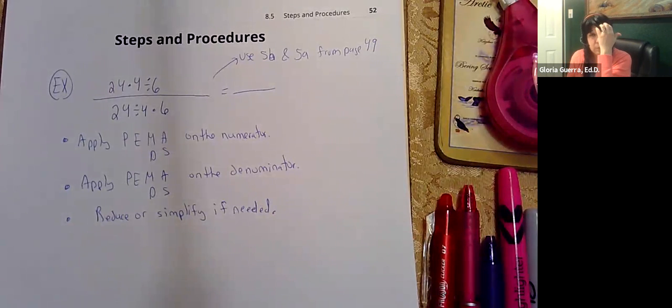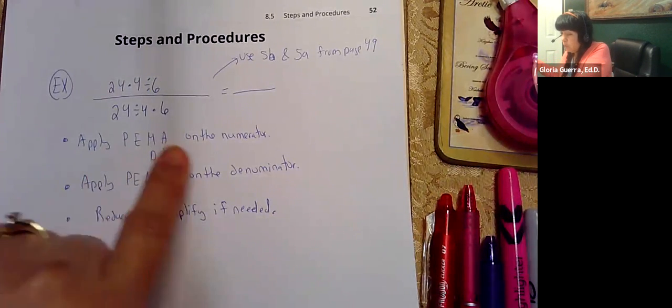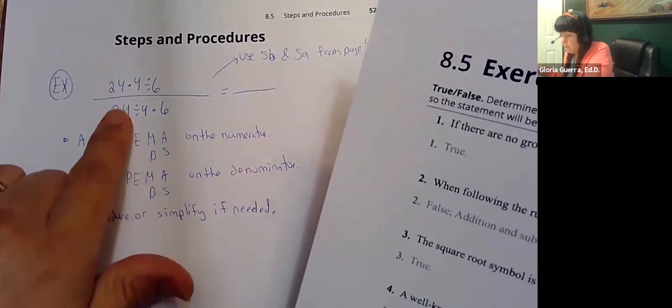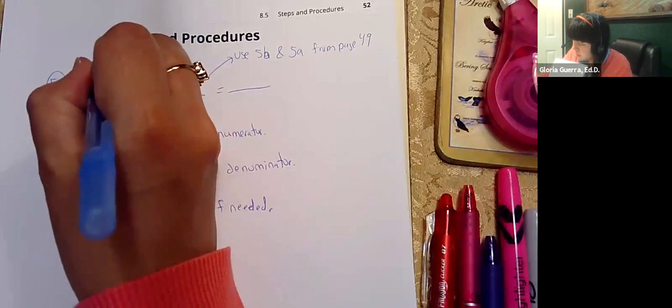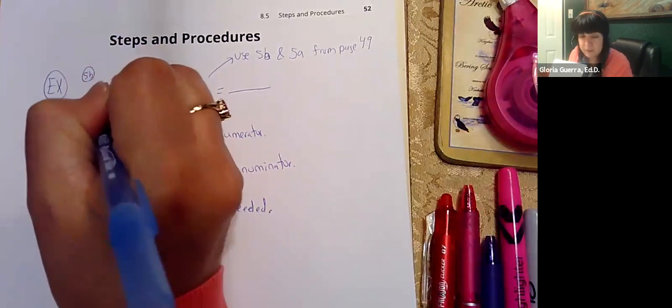Okay, so you can pause the video if you're still writing. Go ahead and pause the video, write that down, and then come back. What I'm going to do now is work this out. I'm going to save time because we already worked out 5A and 5B from page 49. So this 24 times 4 divided by 6 was 5B, and this one was 5A from that page.